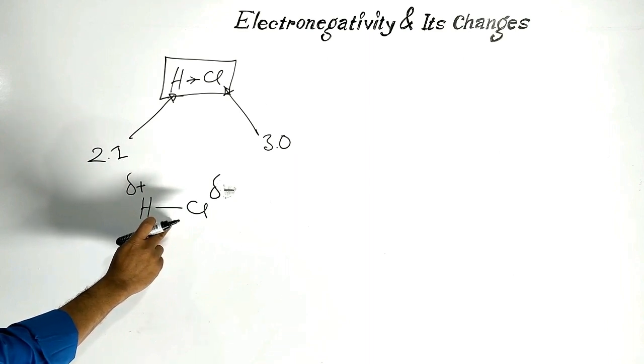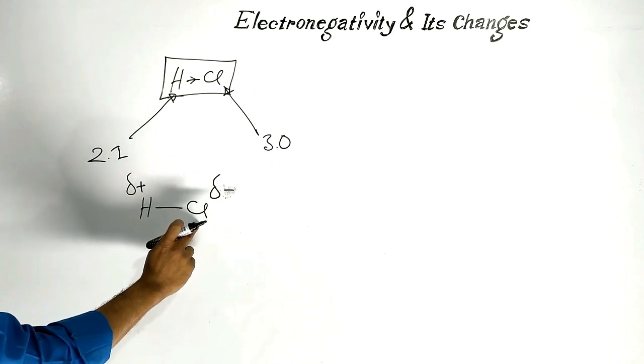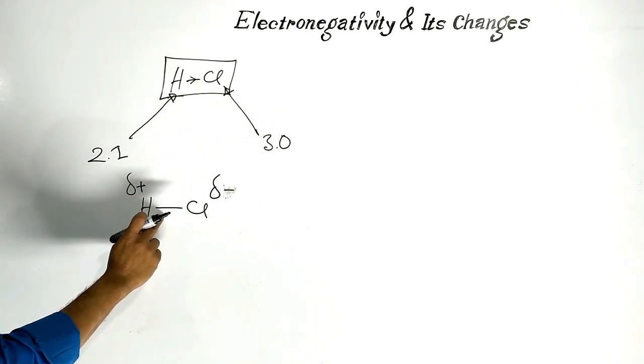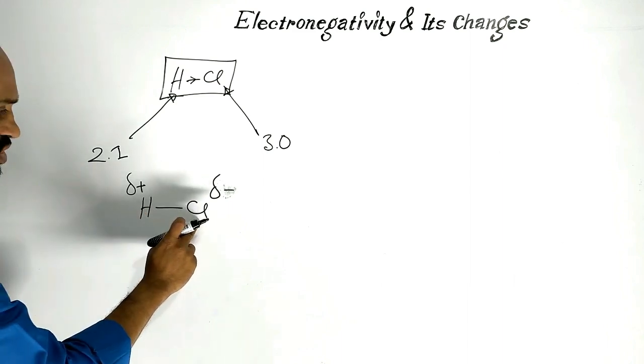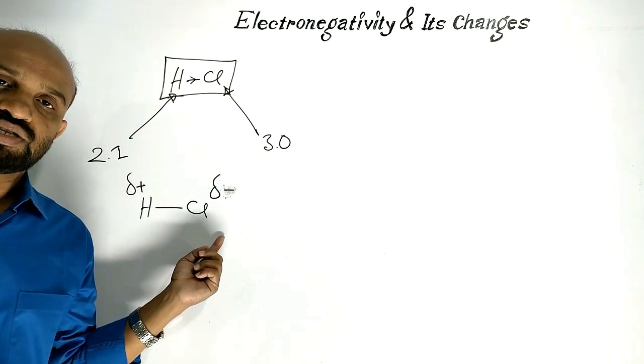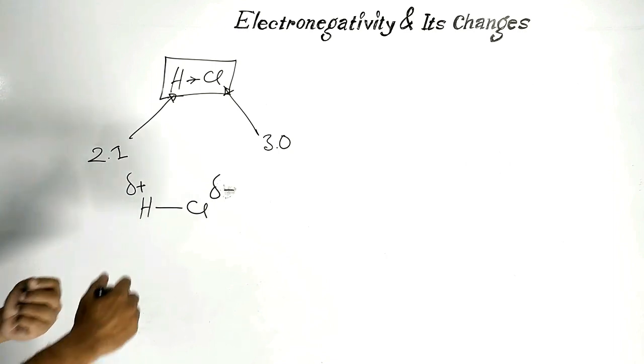Because of the electronegativity difference between hydrogen and chlorine, the electronegativity of chlorine is higher. That is why the covalently bonded electrons or electron cloud will move towards chlorine. That is why chlorine becomes partially negative in charge and hydrogen becomes partially positive in charge.